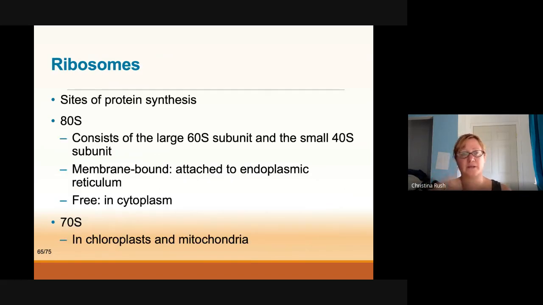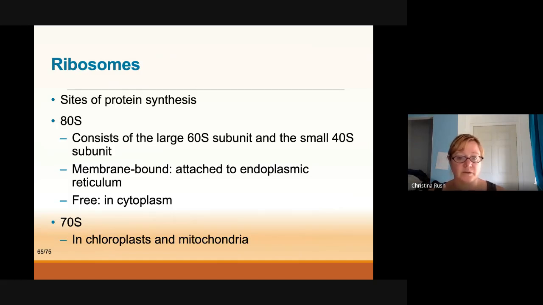So ribosomes, again, the same as the bacterial cells, these are sites of protein synthesis. However, the ribosomes of eukaryotes are larger than the ribosomes of prokaryotes. They have a sedimentation rate of 80. So these are 80S ribosomes. Similar to prokaryotic ribosomes, they have two subunits, a large and a small subunit that must be bound together in order for protein synthesis to occur.